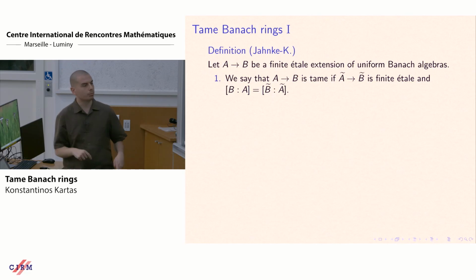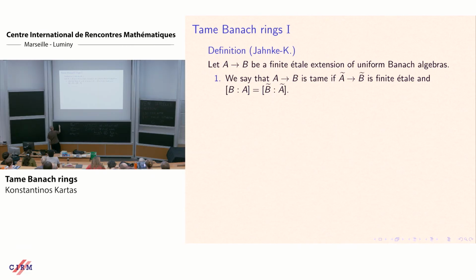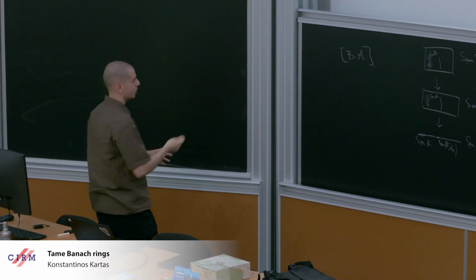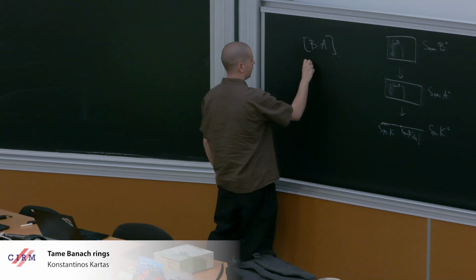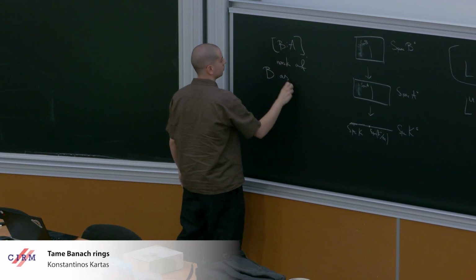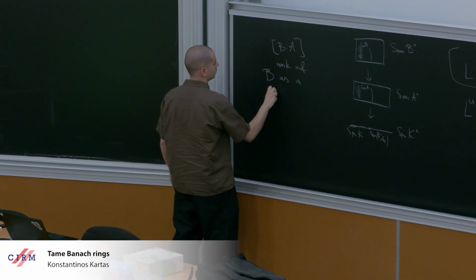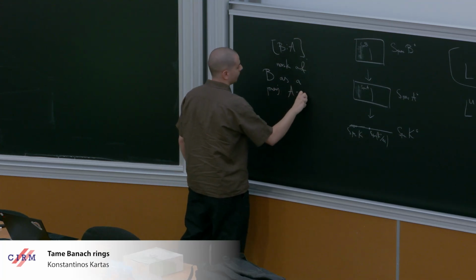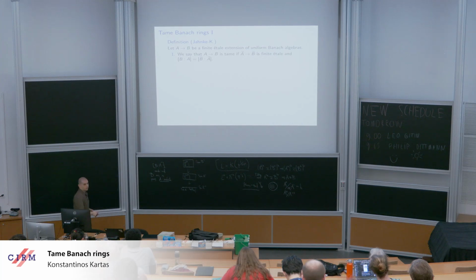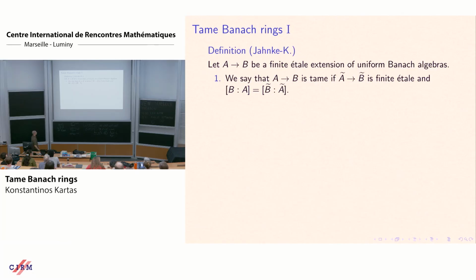Here this notation means the rank of B as a finite projective module over A. Similarly for the graded reductions, we ask that the graded homomorphism is finite etale and has the same degree.